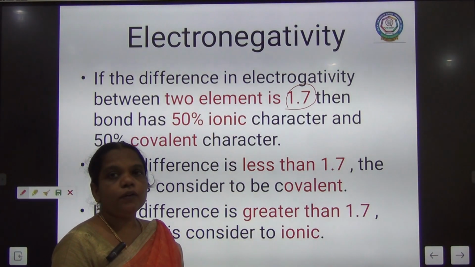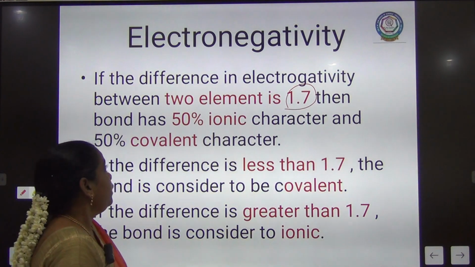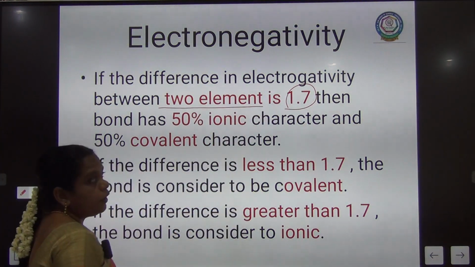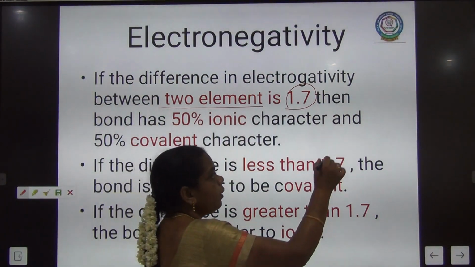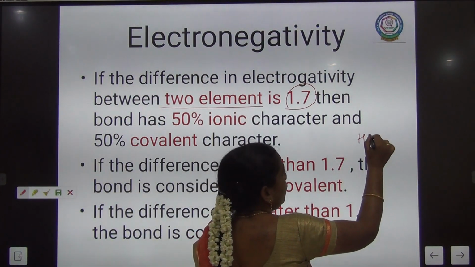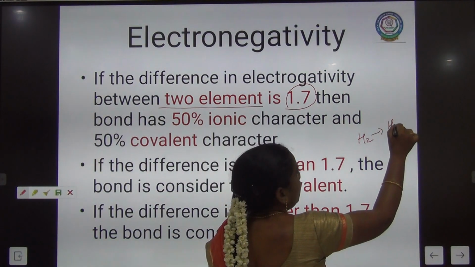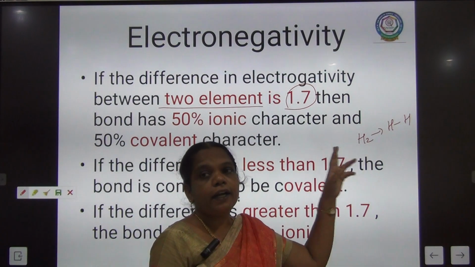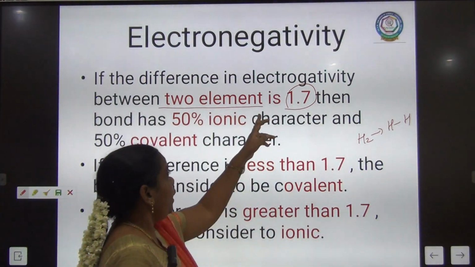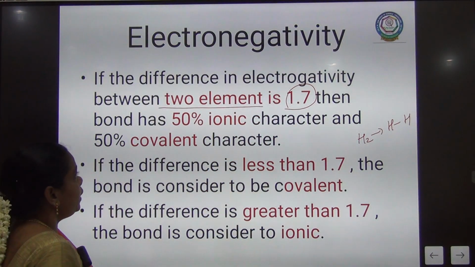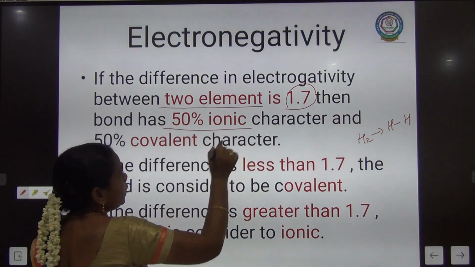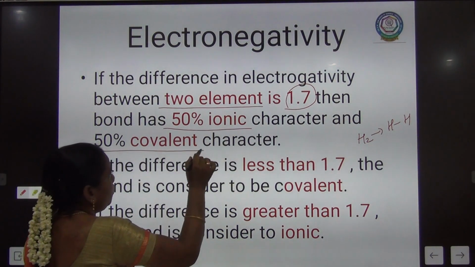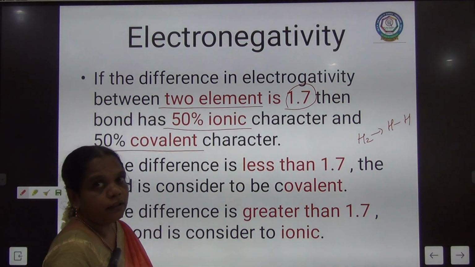If the two elements have the same electronegativity, for example in a hydrogen molecule, they can show 50% ionic character and 50% covalent character.